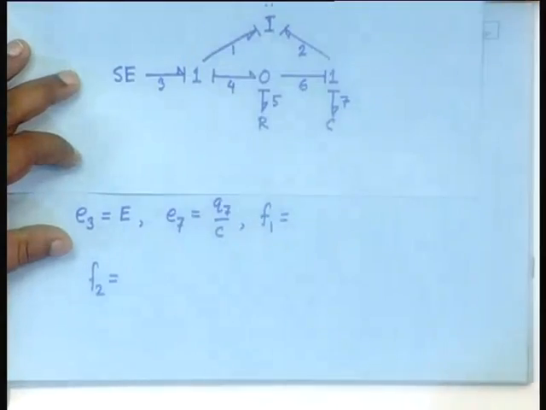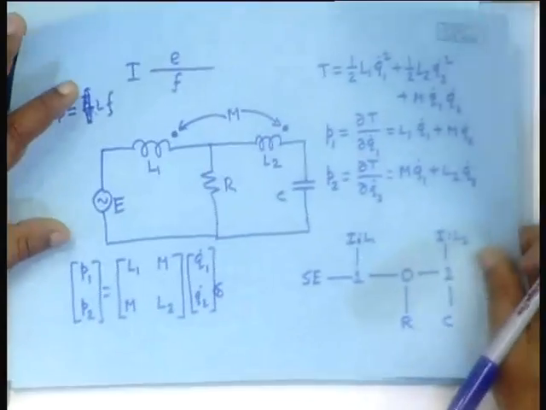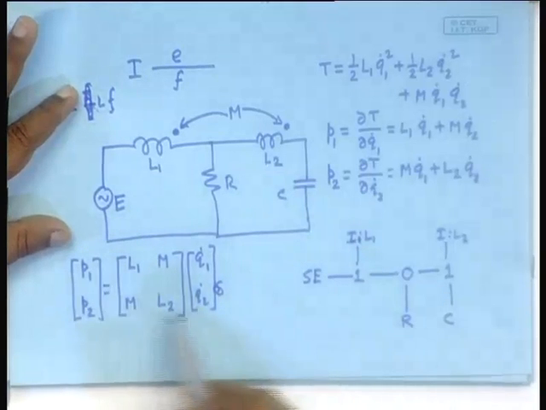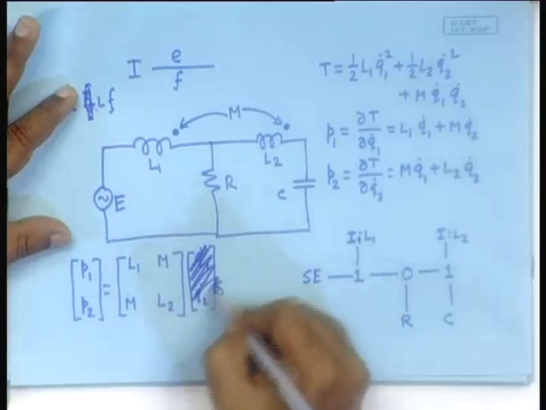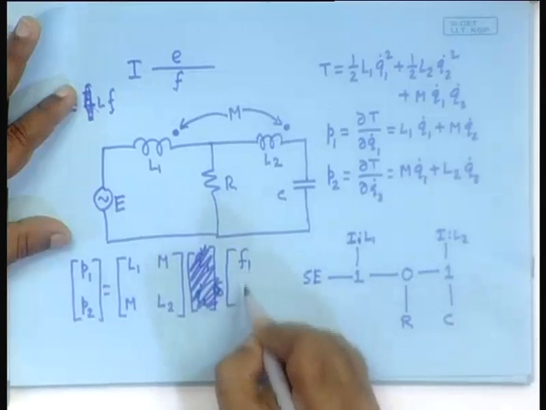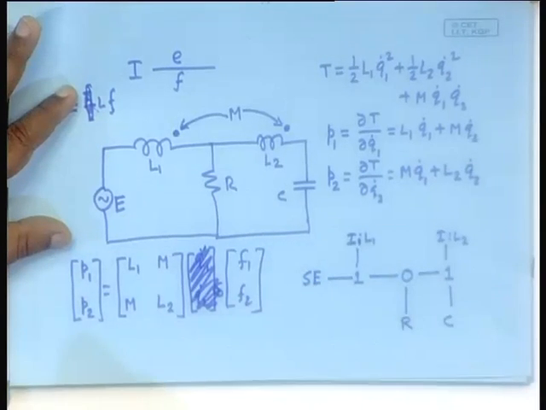Sorry, it was here. So, these 2 are actually F1, F2. So, from here can we find out F1 and F2 individually?